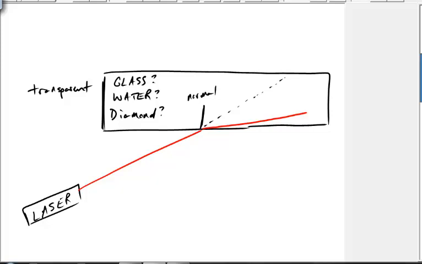And just like the law of reflection, we're going to measure our angle from the normal. Remember, normal means 90 degrees or perpendicular to the surface. So this would be my refracting angle. And then if it were to re-emerge on the other side, would it bend back? Yeah. How much would it bend back?